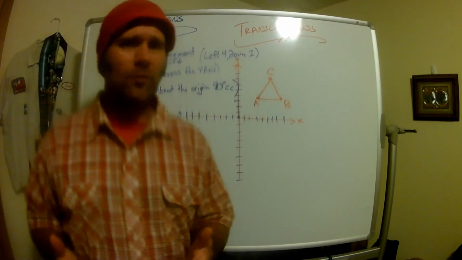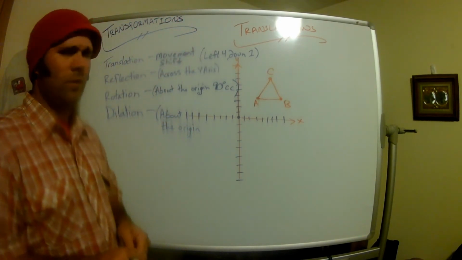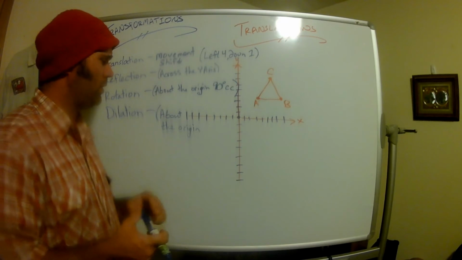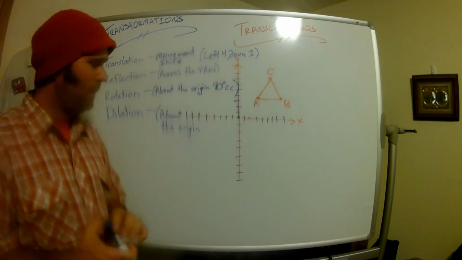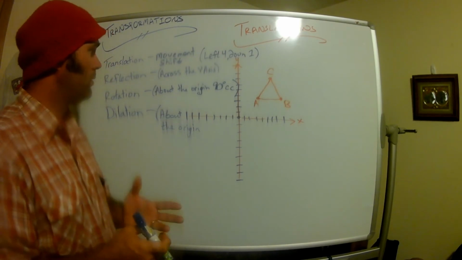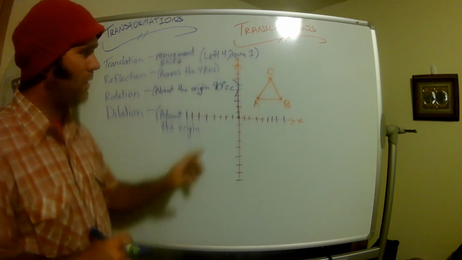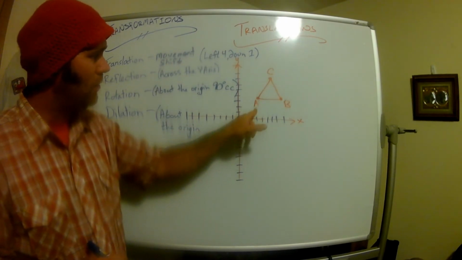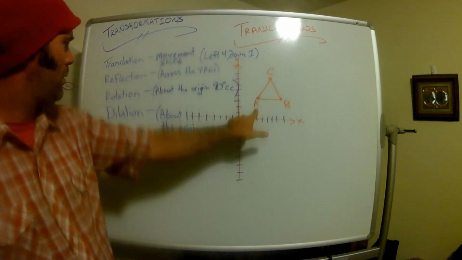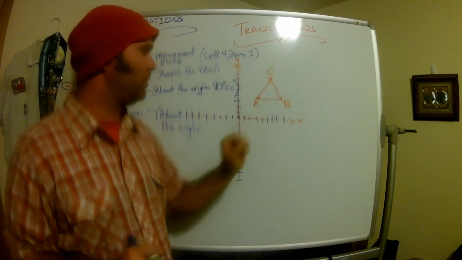And that's pretty nice. Generally speaking, we usually do it about the origin because it's a little simpler. Same with the rotations. You don't have to do it about the origin. You can do it about any point, like (3, 2). So we could dilate or rotate about any point on here, and I will show you how to do that.